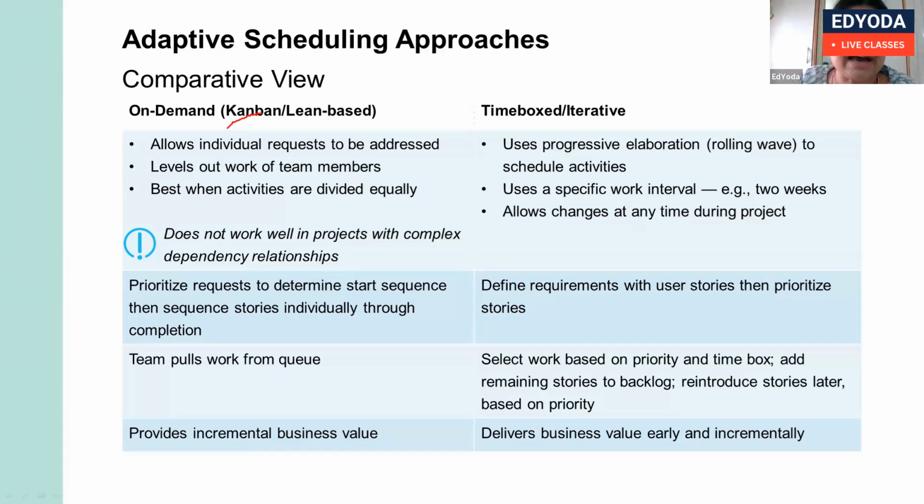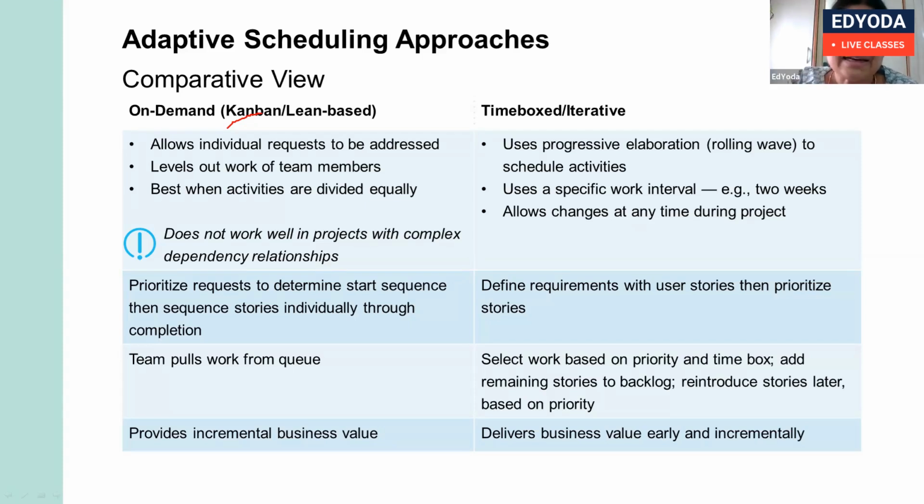But in time boxed, what happens is it uses progressive elaboration to schedule activities, which means whatever they know, they will plan that for a small period of 2, 3 or 4 weeks. Then, as and when the requirement gets clarity, progressively they will elaborate it.